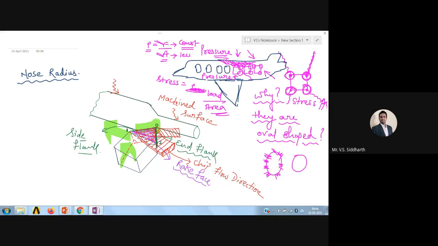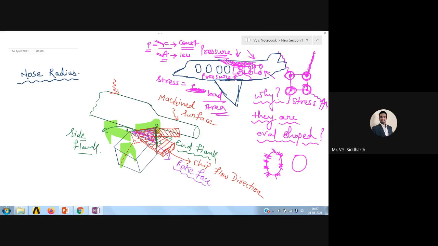This component is also manufactured only; we might have got it from forging, casting, or some other processes.